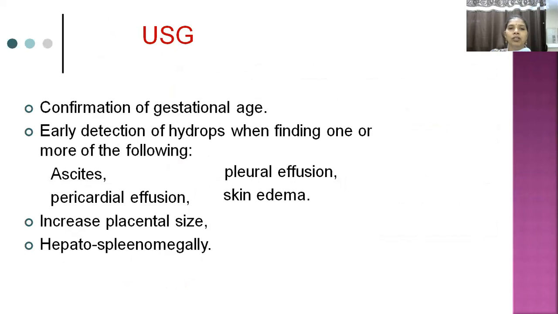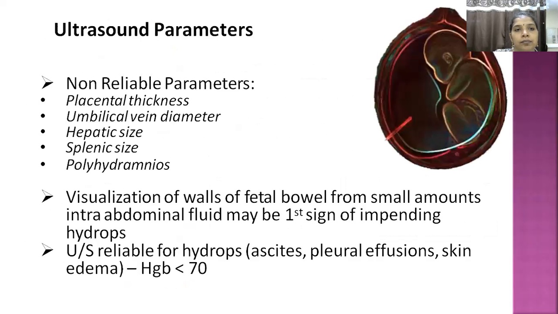Ultrasound confirms gestational age and allows early detection of hydrops when one or more of the following are found: ascites, pericardial effusion, pleural effusion, skin edema. Increased placental size and hepatosplenomegaly can also be seen.